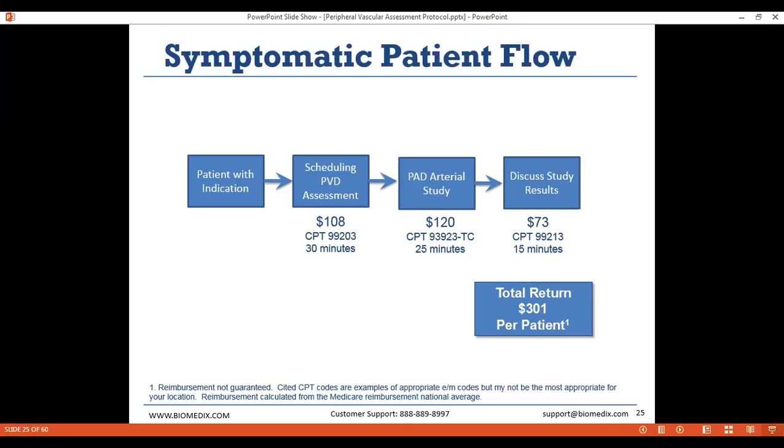The requirements and the insurance are different. I also want to mention that the value I'm assigning is based on the national average for Medicare reimbursement. As you're looking at different insurance companies or different LCDs, that reimbursement may go up or down.